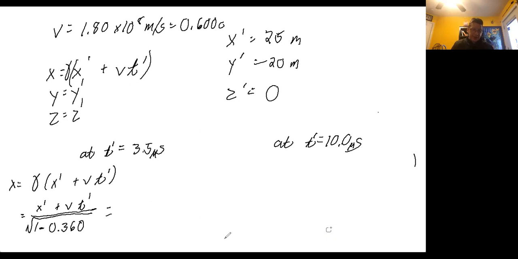So you have the 25 meters plus that, and so that's 655. And then you're multiplying that by gamma, however.